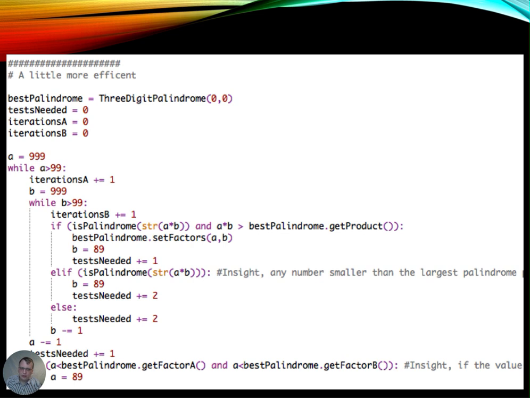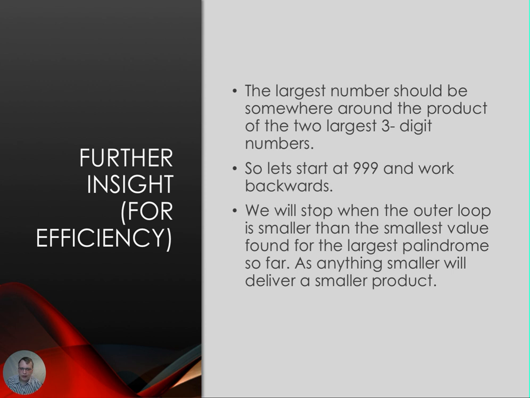Okay, so how did this become more efficient? Let's start with the insight that I used to get that, and then I'll explain it a little bit further. So the insight here is the largest number should be somewhere around the product of the two largest 3-digit numbers. We know from maths that the larger the numbers we're multiplying together, the larger the result will be.